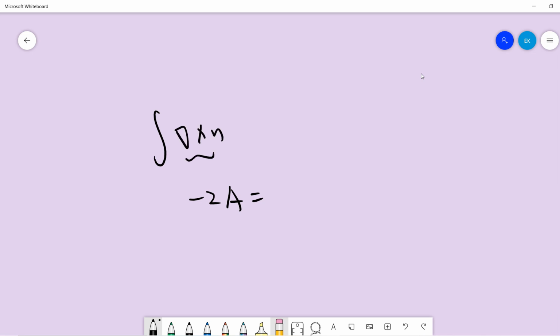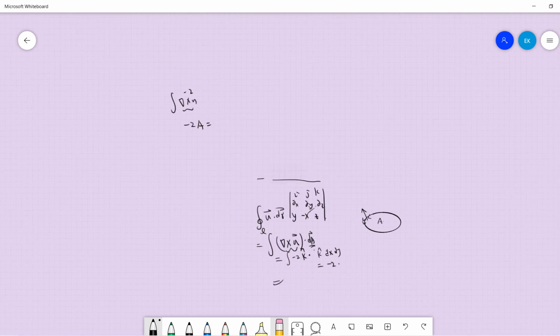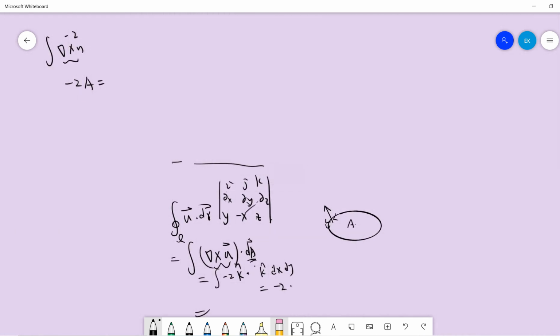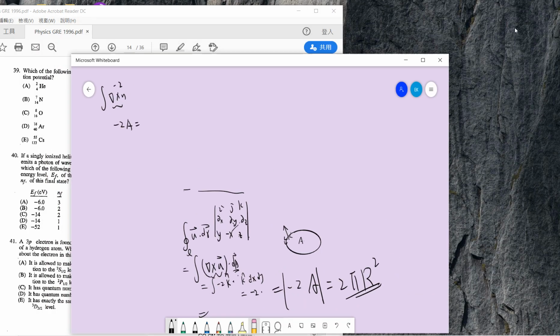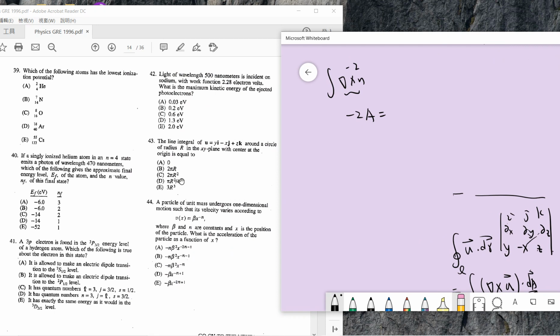Remember this is minus 2. So if we calculate the magnitude, it's 2 times pi r squared. So the answer is C.